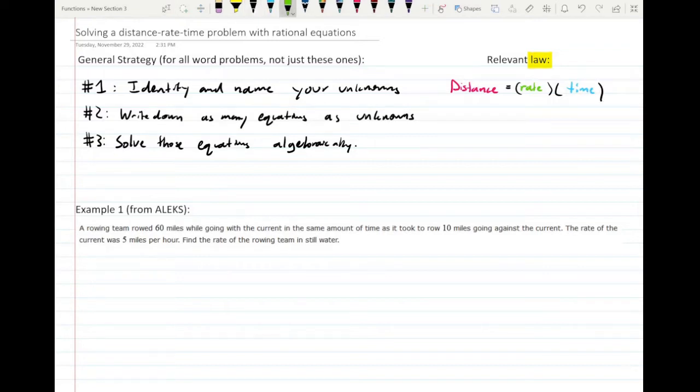For example, if you drive at a rate of 60 miles per hour for 2 hours, you will end up going 120 miles. So hopefully that law makes sense.